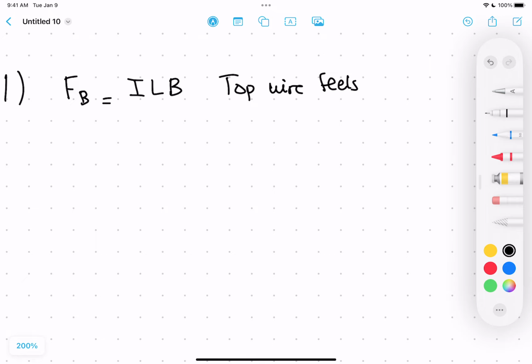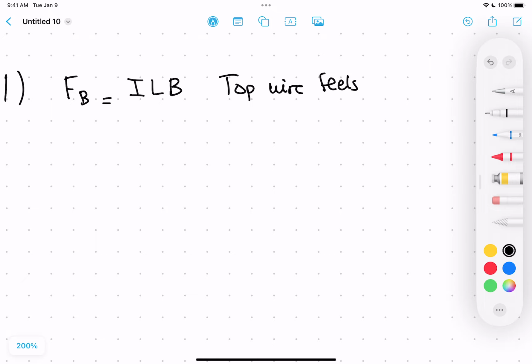We don't use the magnetic field of that specific wire. We use the magnetic field generated by the other wire, because that wire is in the magnetic field of the other one, and it feels that other magnetic field. We're not concerned with what that current generates. We're concerned with what it feels.